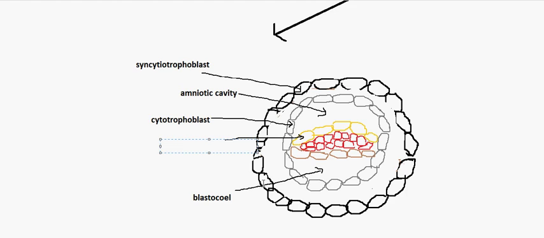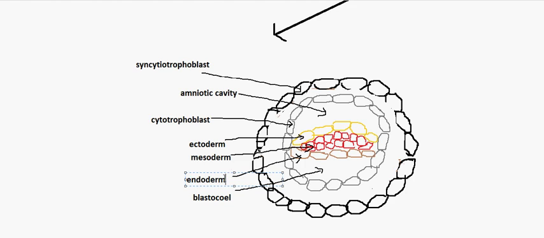Then the mesoderm, and the innermost, you can see, is the endoderm. They have not completely become the endoderm, ectoderm and mesoderm, but I am just writing it for this.